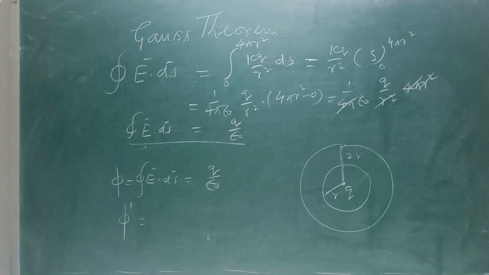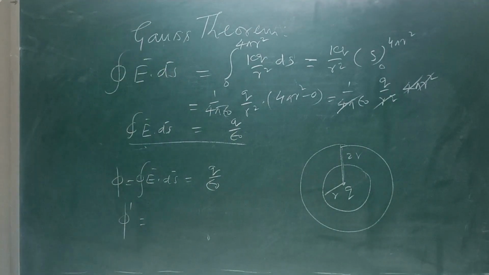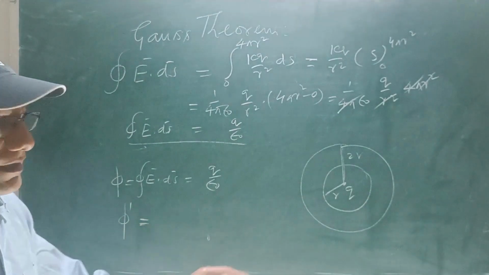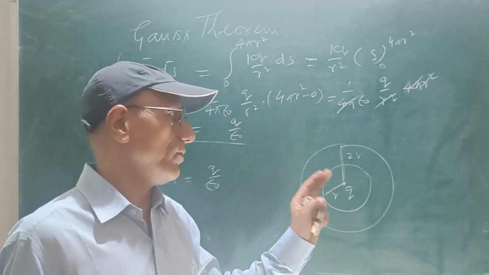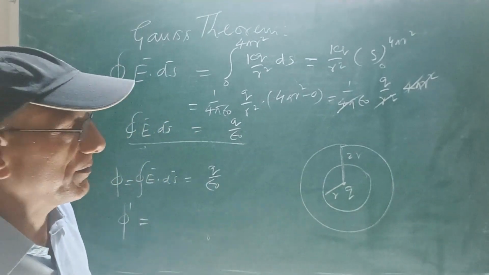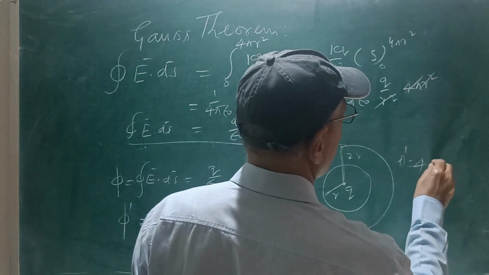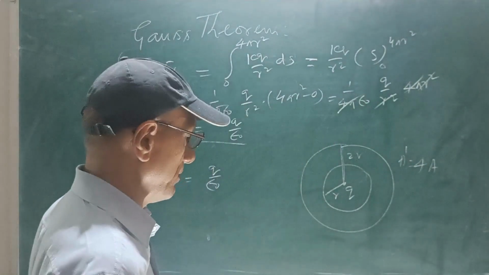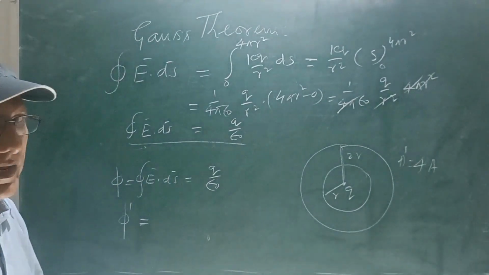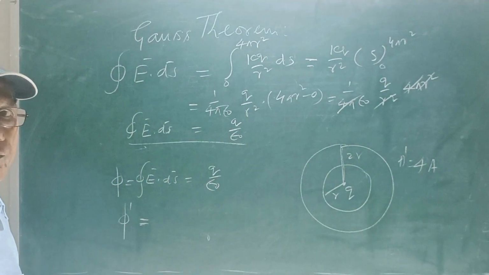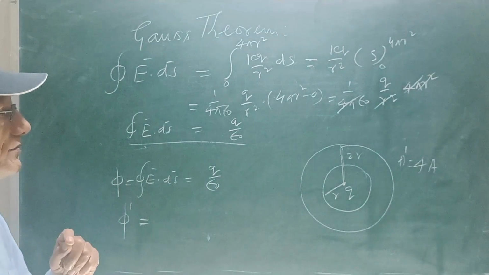Electric field into area, so will it be doubled? No, it will not be doubled. Sometimes you are saying 4 times because area will become 4 times. Radius is doubled, so it is neither 4 times, nor 2 times.